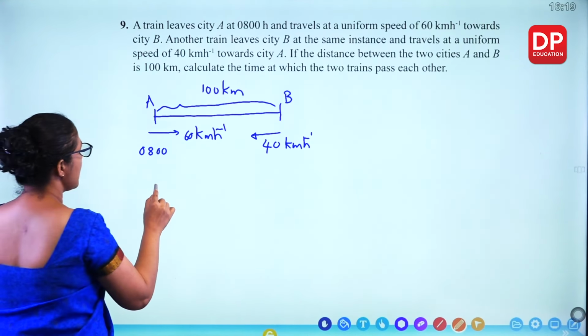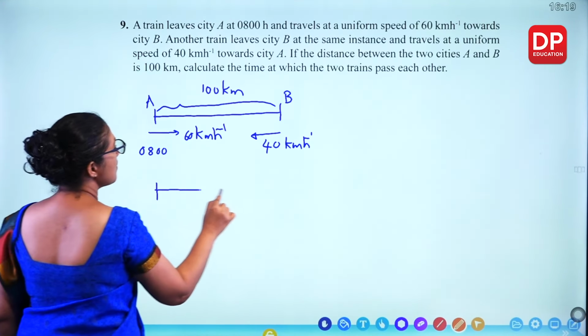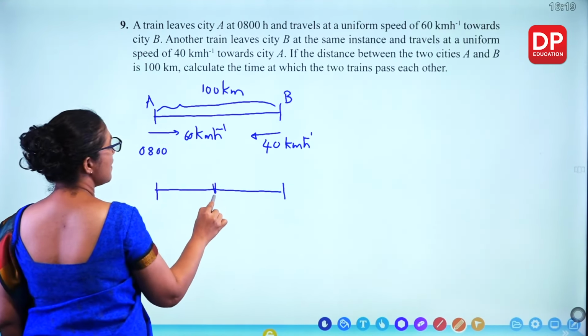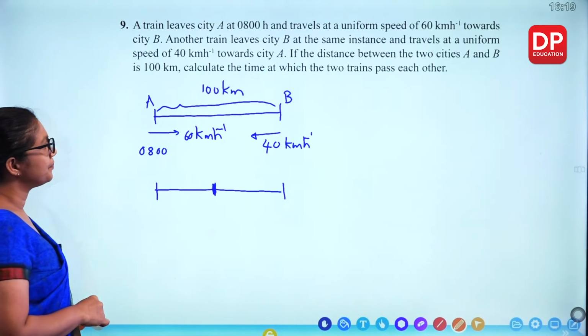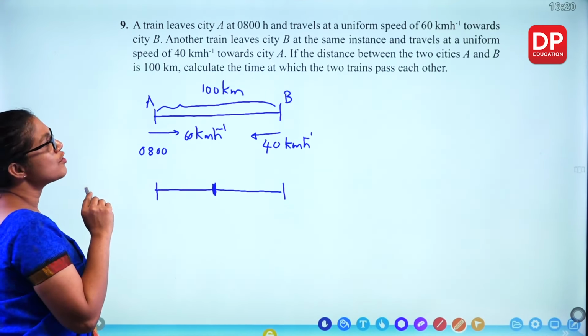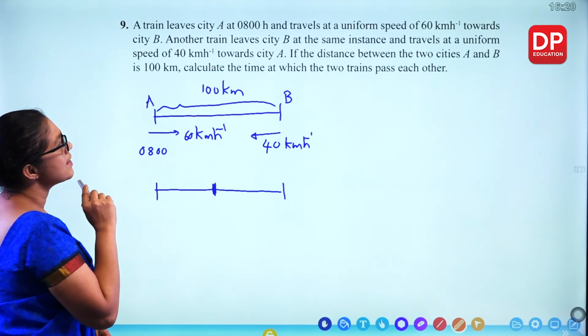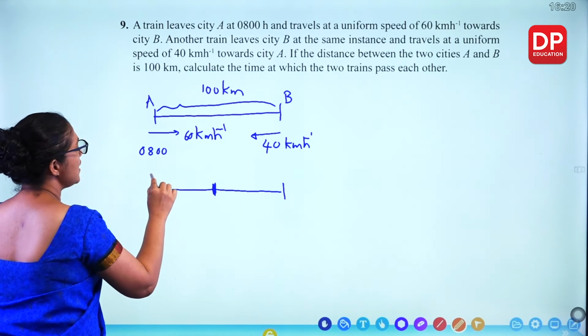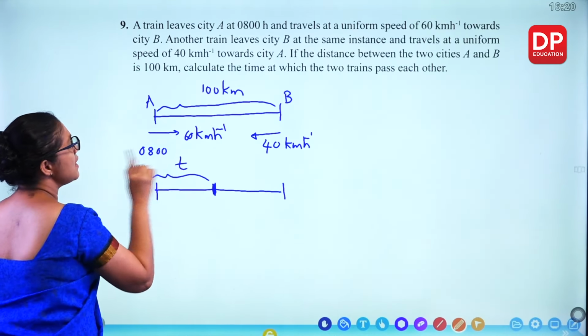So they are asking what time they will meet. We'll take T as the time taken for the two trains to meet.